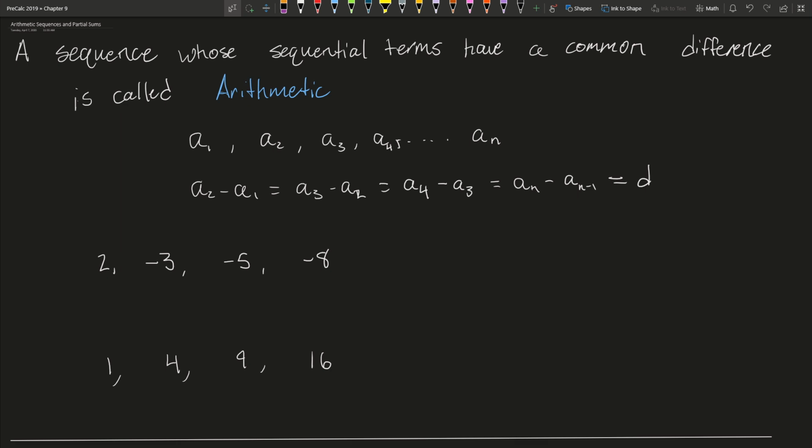Okay, so if we have these terms A1, A2, A3, A4, all the way up to AN, and then so forth. This is arithmetic if, when you take the difference between each sequential term, you get the same number. Okay, and this number is called the common difference. Which is very, very important for arithmetic sequences.